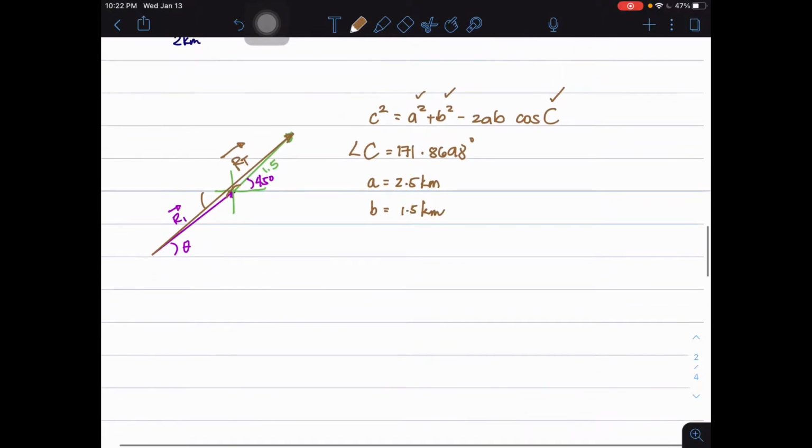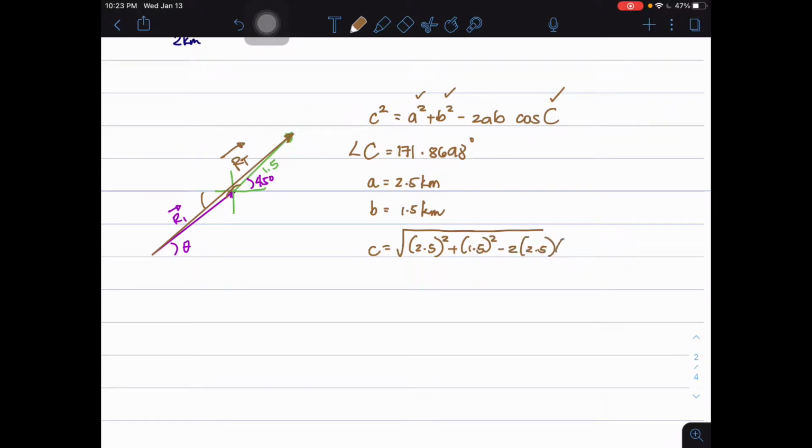Therefore, you can solve for the value of side C, which is the magnitude of your resultant vector. So that's 2.5 squared plus 1.5 squared minus 2 times 2.5 times 1.5 cosine angle 171.8698 degrees.